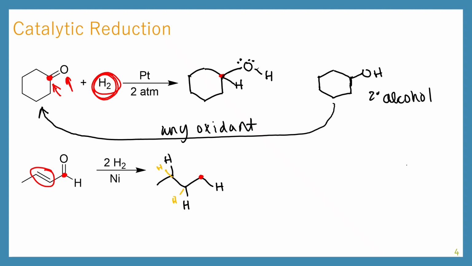And our aldehyde is going to turn into a primary alcohol, and we are adding another hydrogen there. So if I were to draw out this product more plainly, this would simply be 1-butanol.